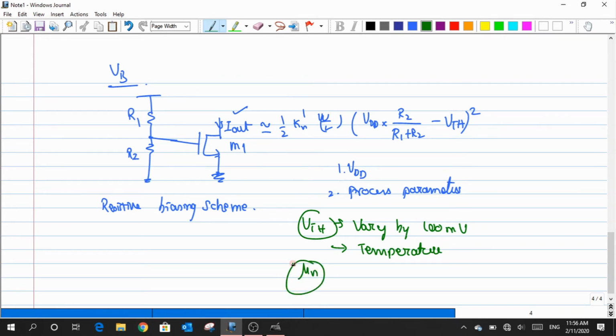The mobility of these electrons will also depend on the temperature. So you can see that all the parameters that I have to define my I out cannot define a proper value of I out. These variables depend on the temperature and on VTH, which varies from wafer to wafer. So everything is kind of buggy here.